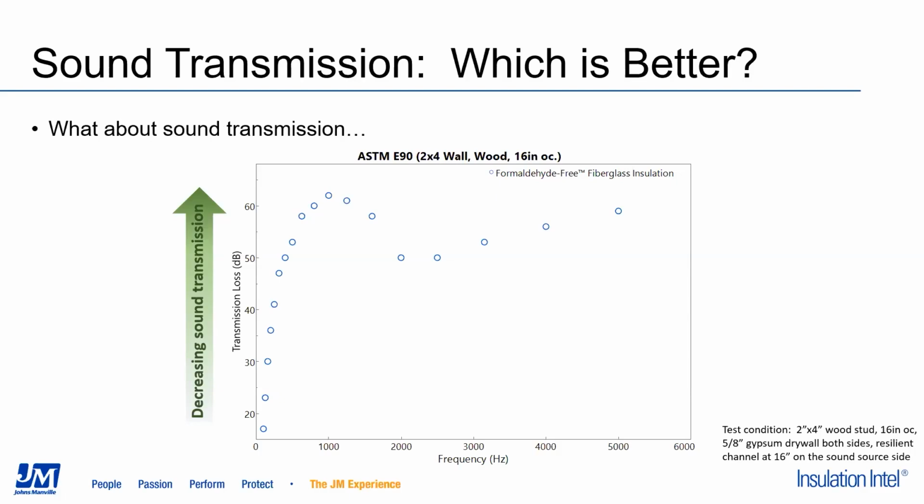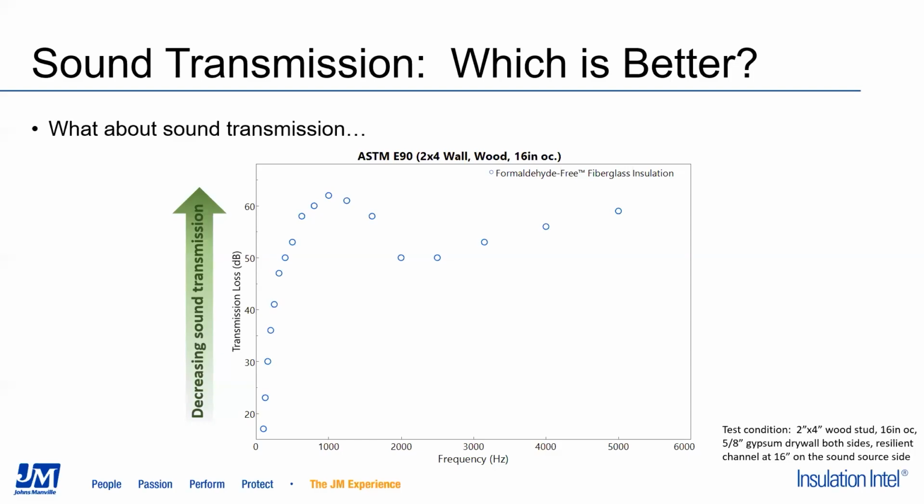Now, let's focus on the acoustical performance as related to sound transmission through an assembly. And so this is an assembly test. We're really just trying to look at comparative differences when different insulation types are included as a part of the whole.